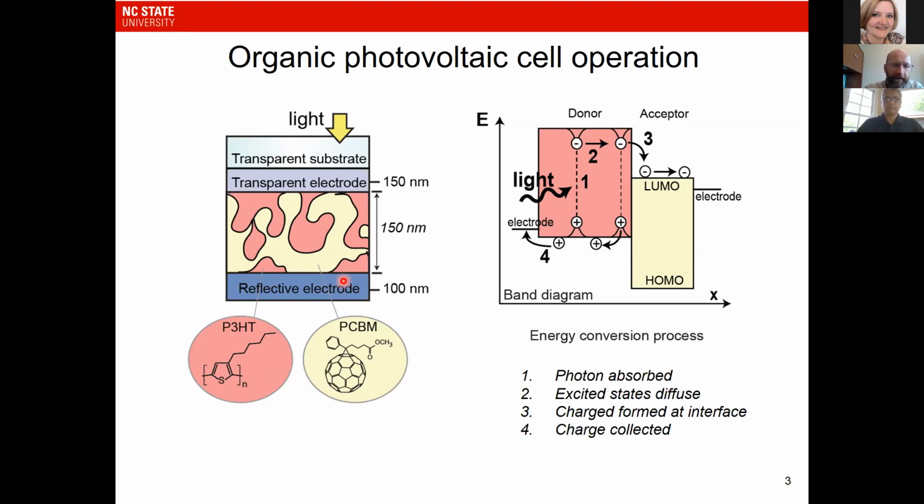The idea here is that with these organic molecules, if you look at the molecules here, it's usually a blend of a polymer and a small molecule. The polymer repeats, and this is just one monomer unit of the polymer. You'd have these carbon bonds along the length of it that alternate between a single carbon bond and a double carbon bond.